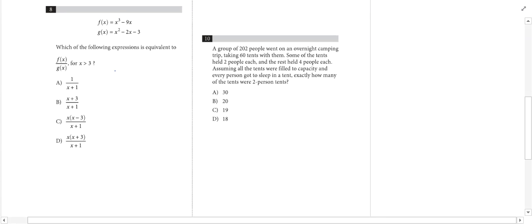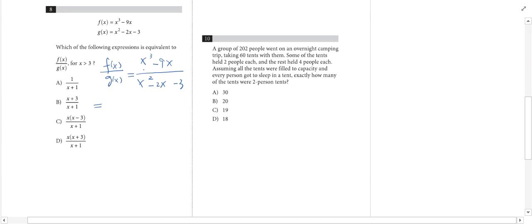So f(x) over g(x) is x cubed minus 9x over x squared minus 2x minus 3.